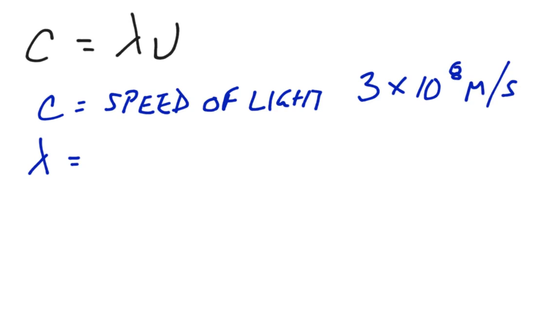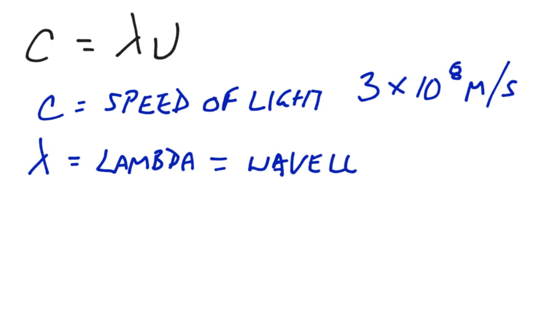This crazy looking letter here is lambda, and lambda represents wavelength. The other letter next to it is not a V, it's actually another Greek letter called nu, and nu represents frequency.